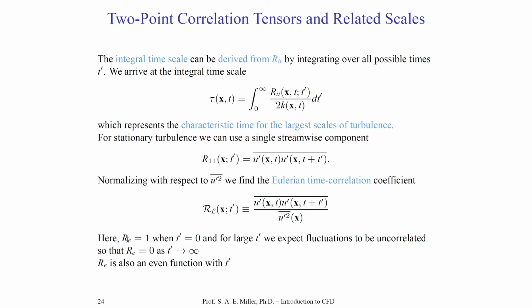So at higher values of t prime, say they're very, very large as t prime goes to infinity, by definition, the autocorrelation will go to 0. Autocorrelations, by definition, for these types of flows are going to be even functions of t prime. So we can let t prime go to negative infinity and again recover 0. If we let t prime go to some finite time, like 10 seconds or negative 10 seconds, of course, they're going to be equal to each other, the value of the autocorrelation, because it's an even function in time.